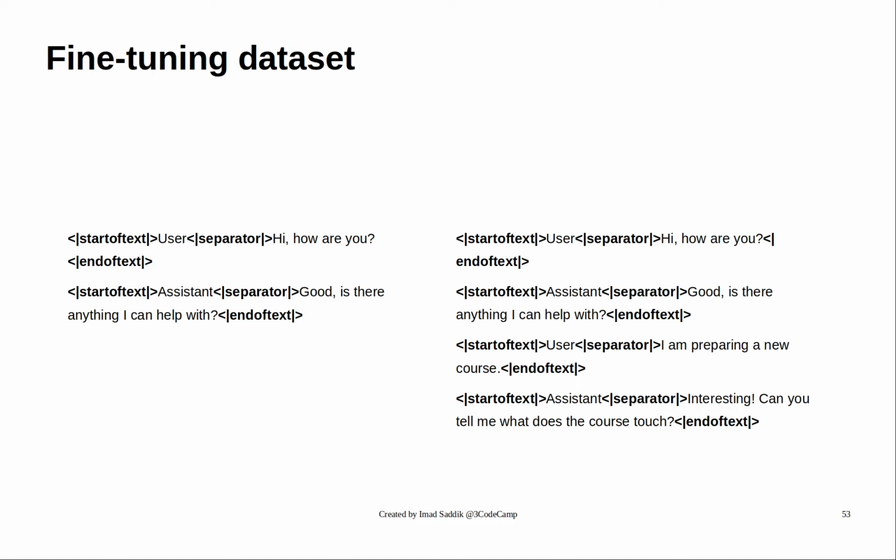So we have the two examples in front of us. Do you see a difference? In the first example, we have one message from the user and a reply from the assistant. And we consider this as a single example that the base model will be trained on. On the other hand, in the second case, we have multiple turns between the user and the assistant.